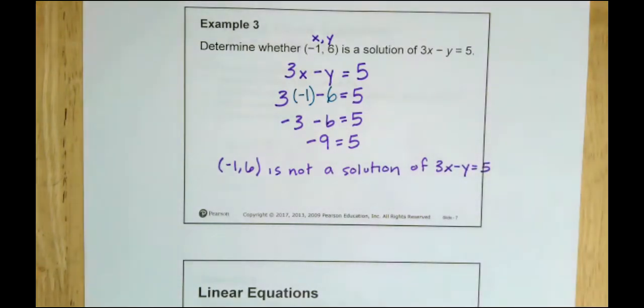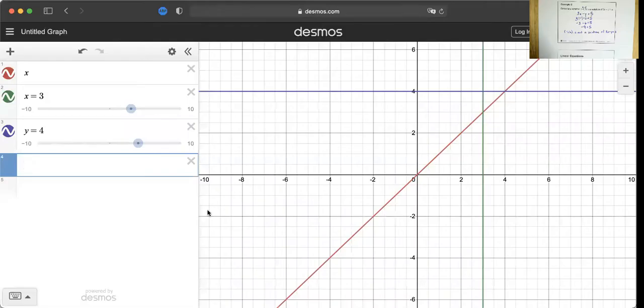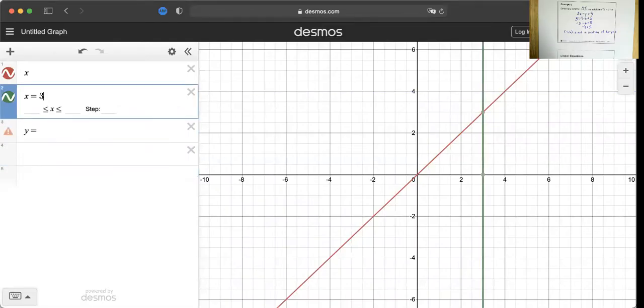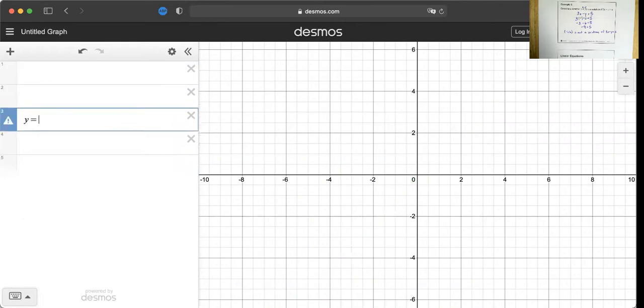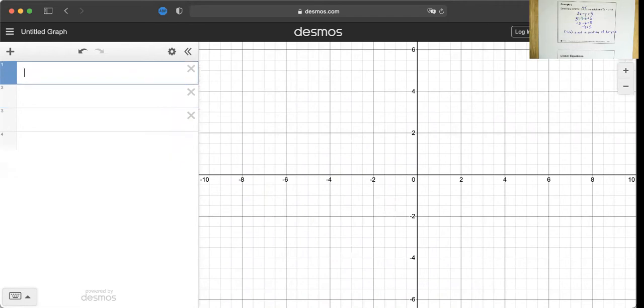Okay, and we can check that again with Desmos. Let me share my screen. Erase all of this. All right, so our first one is, we could do the point first, -1, 6, right?